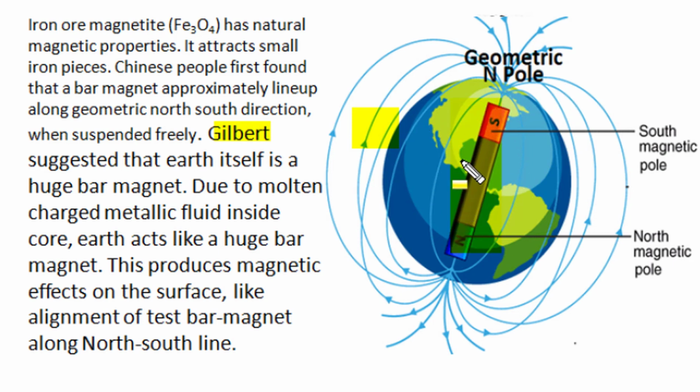In fact, due to molten charged metallic fluid in Earth's core and the spin of Earth around its axis, a magnetic south polarity is produced at the geometric north pole position, and at the geometric south pole position we have a magnetic north pole. Due to that, there exists a magnetic field on the surface from south to north direction, and in that magnetic field a test bar magnet will align itself.